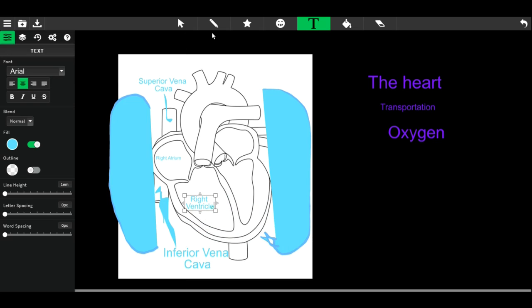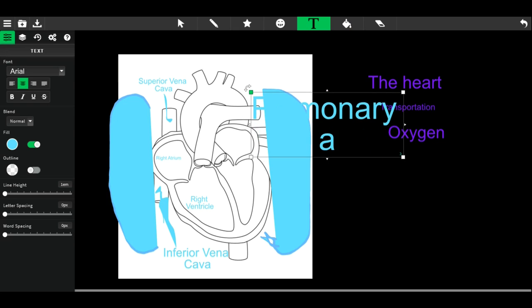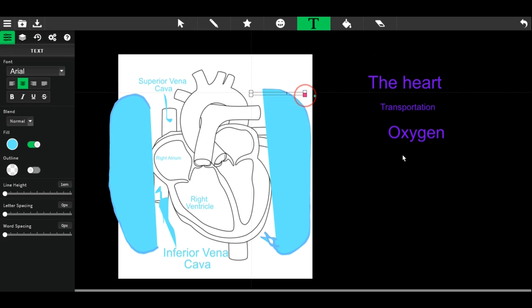From here, the blood exits through another valve, which is this valve right here, called the pulmonary valve, into the pulmonary artery. And I like to think of that as arteries take blood away from the heart.